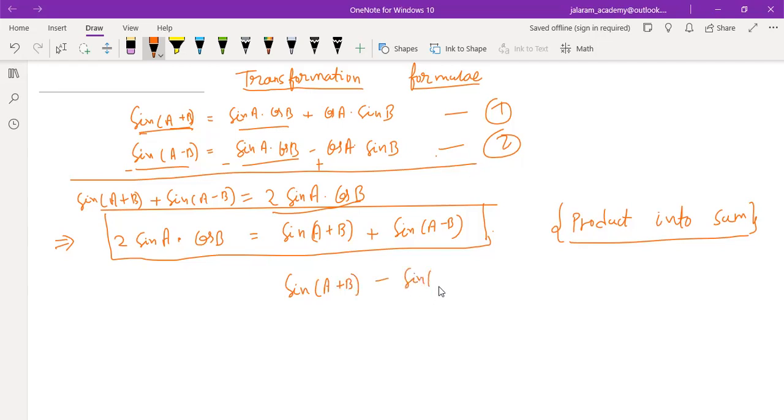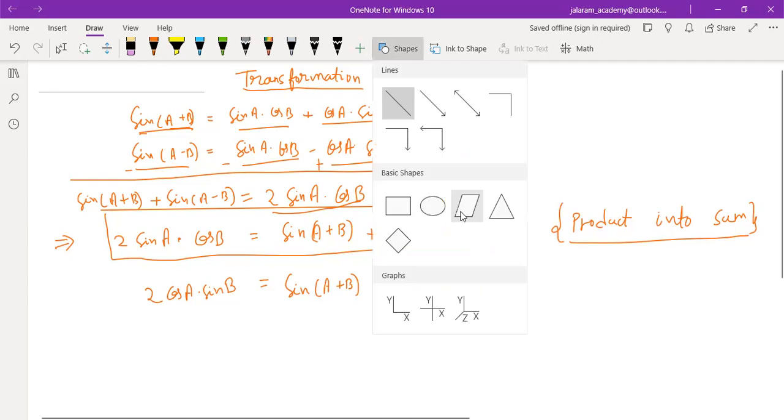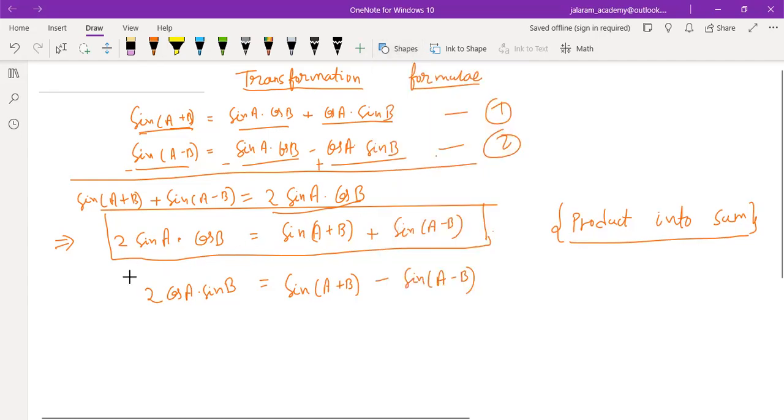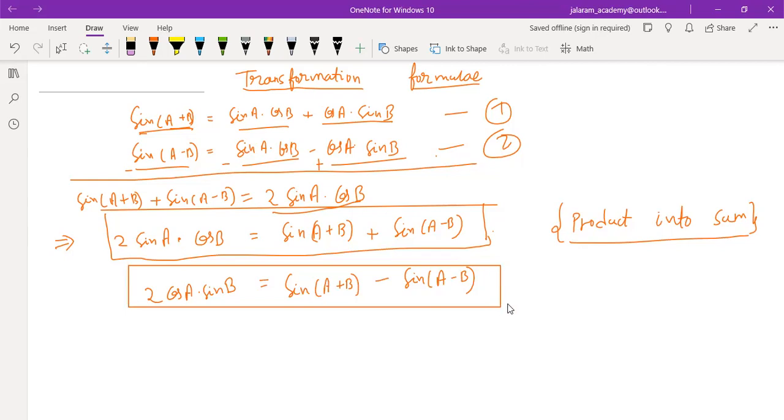Sin A plus B minus sin A minus B equals to, and these two will be cancelled out now. And cos A sin B plus cos A sin B will be 2 cos A sin B. So the formula is 2 cos A sin B equals to sin A plus B minus sin A minus B.